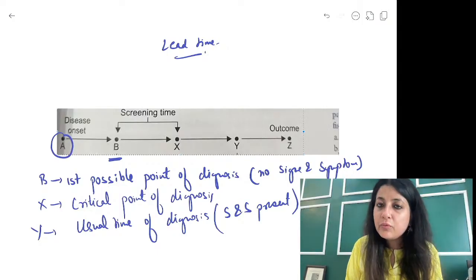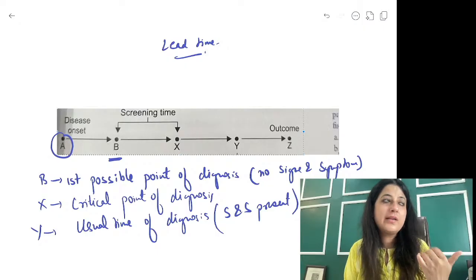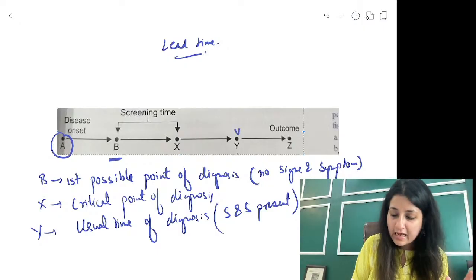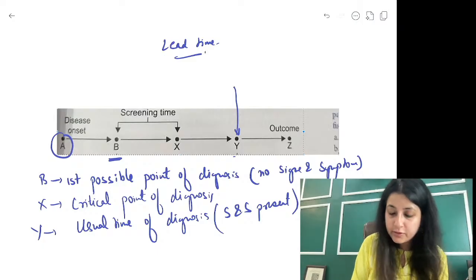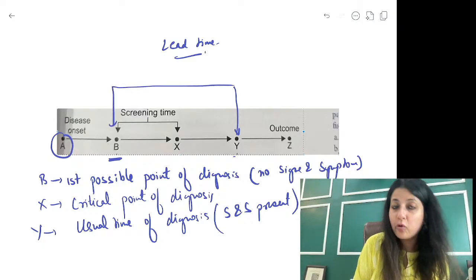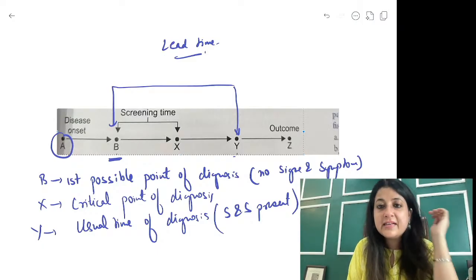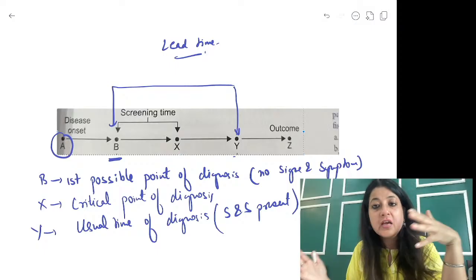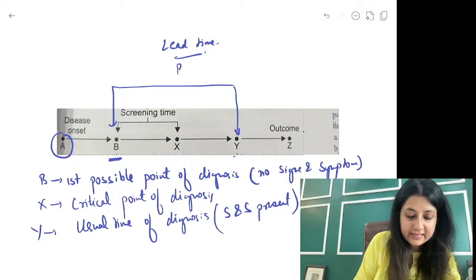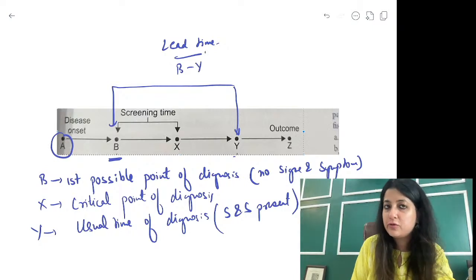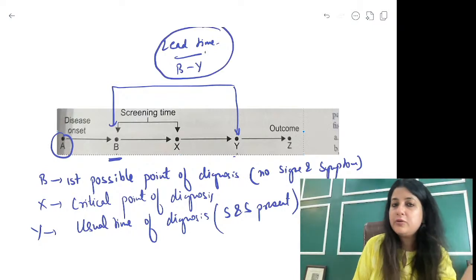So ideally we would always diagnose a person when he comes to us. Ideally diagnosis would happen at point Y, but now instead of point Y we will make a diagnosis at point B when the person does not have signs and symptoms. So we are early, or leading, in the detection of the disease by what time interval, guys? B to Y. So your lead time is B to Y.